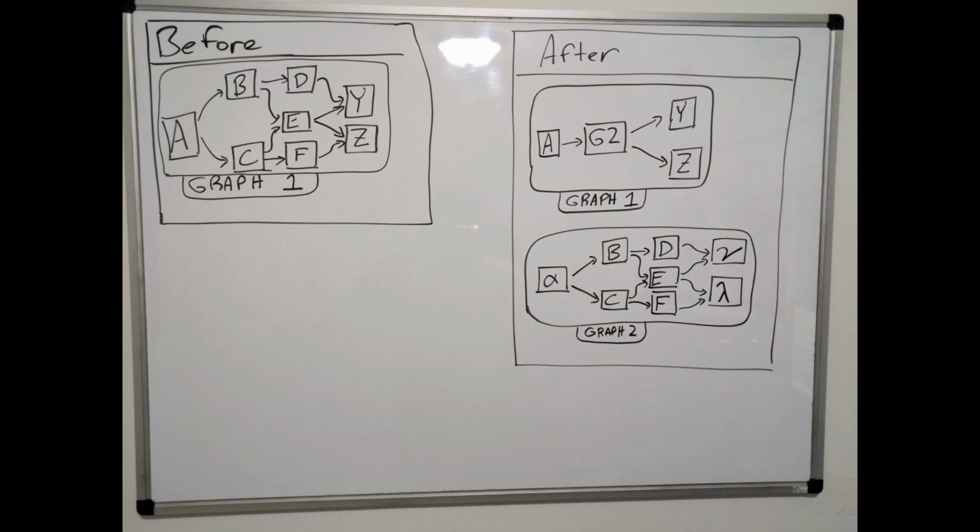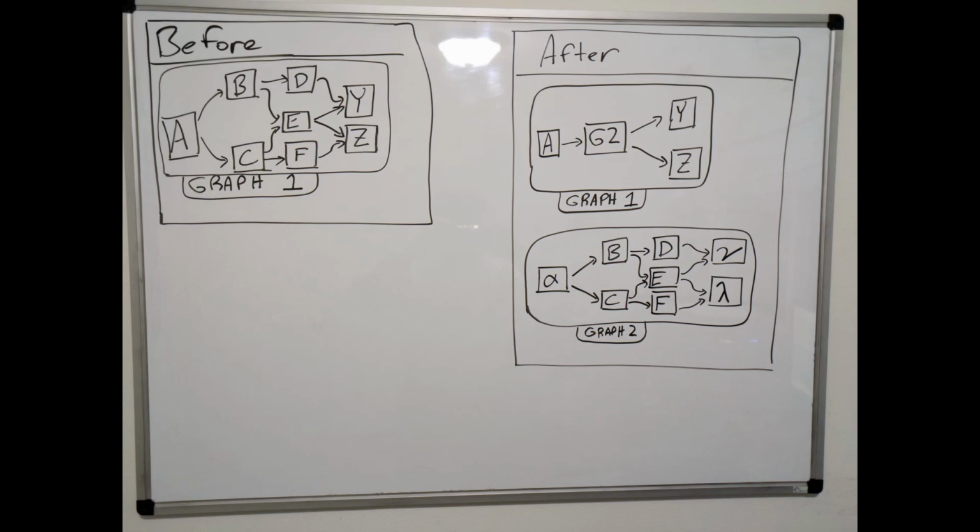So graph one is in before and after, but a big chunk of graph one from the before slide has been relocated. It's gone to live as a part of graph two. And then in its place, graph one now has this node G2, which is meant to stand for a reference to the new graph that's been added in the after slide.